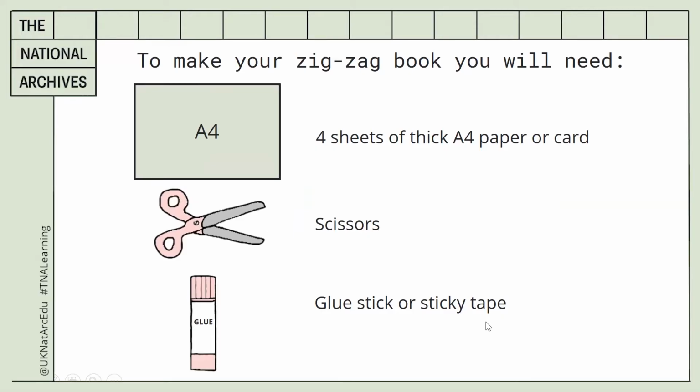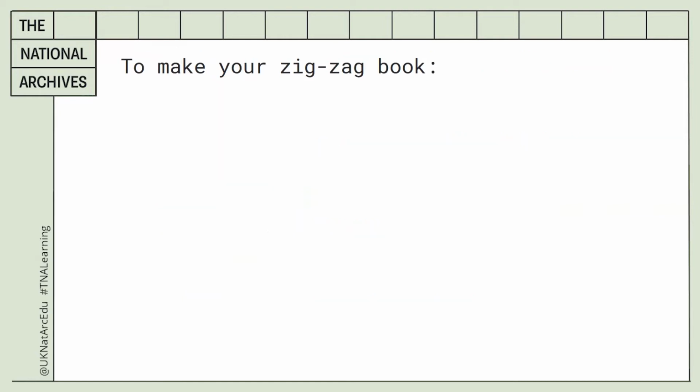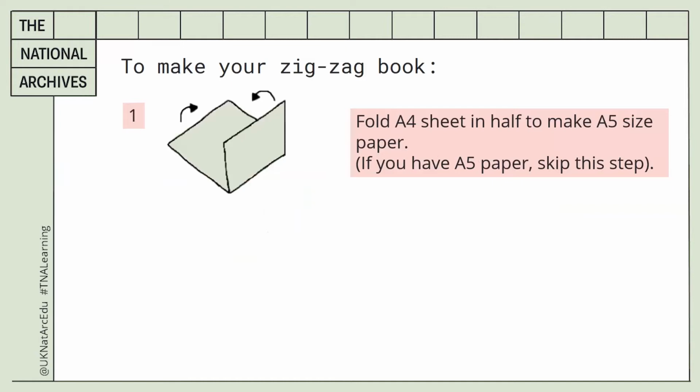Hi, it's Emily, and I'm back to explain how to make your Zig-Zag book. You will need 4 sheets of thick A4 paper or card, a pair of scissors, and a glue stick or sticky tape. Remember to ask an adult to help you with using scissors if you need it. Step 1.